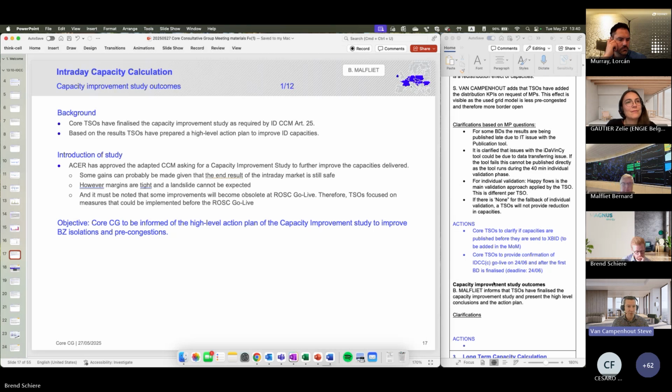Then the second topic on intraday capacity calculation is the capacity improvement study. What I will present today is the outcome of a study that TSOs have done over the past nine months. The formal report is still being finalized. We have to submit it to NRAs and ACER, and that will come next week.